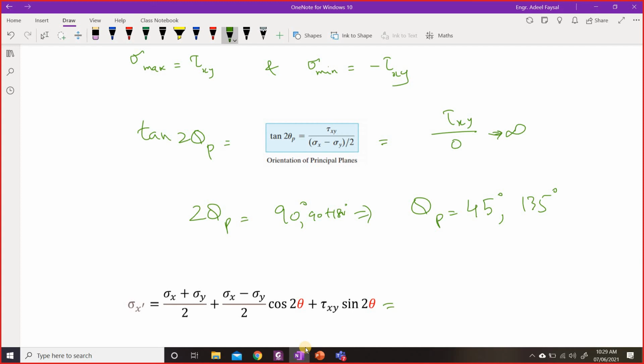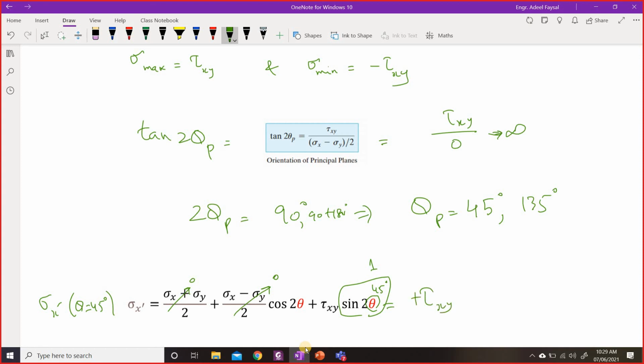So this term is 0, this term is also 0, because sigma x and sigma y are 0, and if you put theta equal to 45 degrees, sine 90 degrees is 1, so sigma x prime at theta equal to 45 degrees is equal to tau xy.